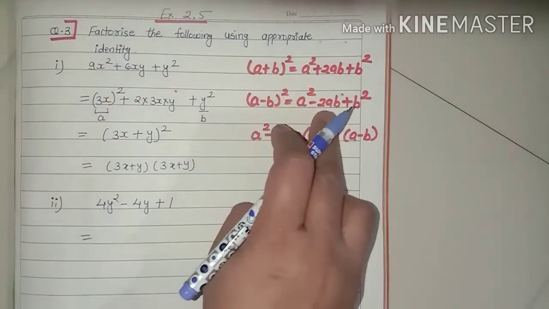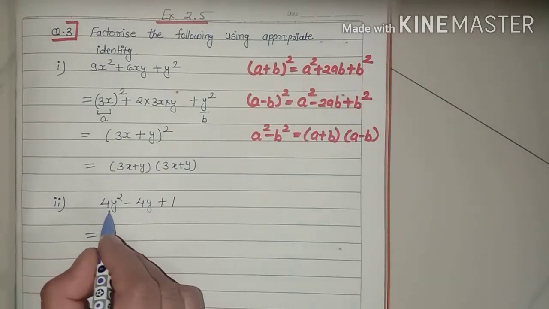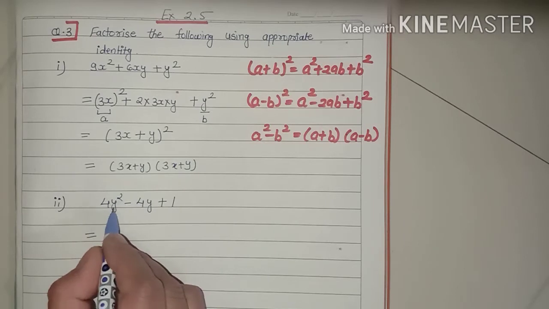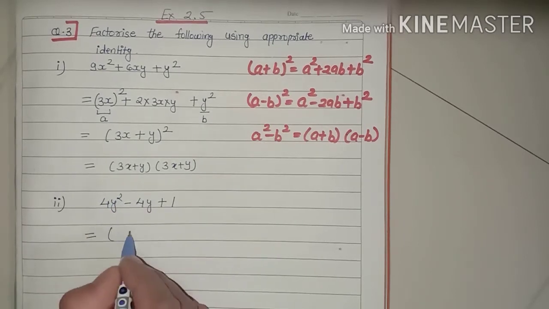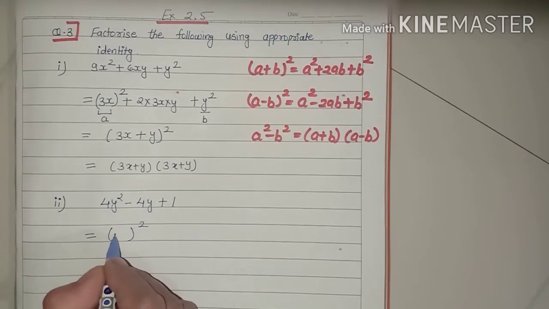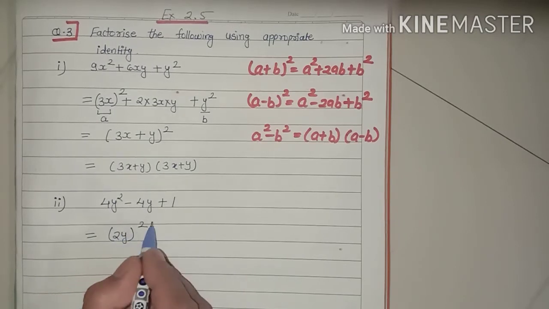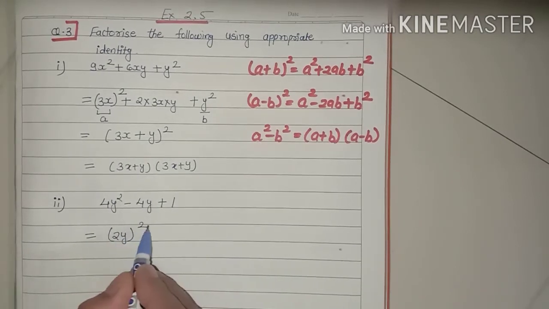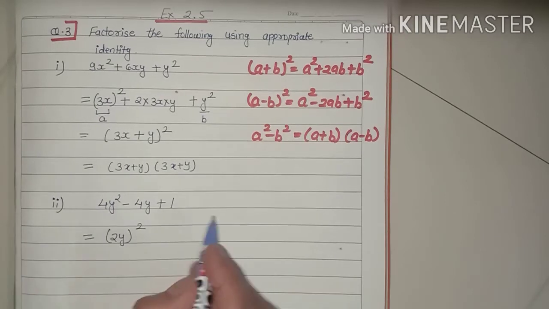So we will use the second identity. Again we have to break this 4y square in the form of a whole square. We can write 2y whole square. If you multiply 2y by 2y, you will get 4y square.